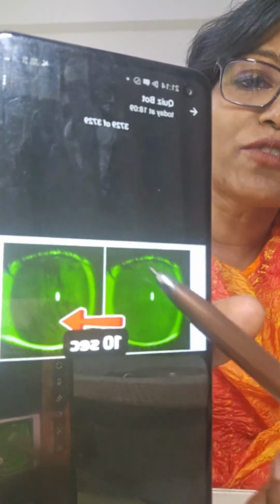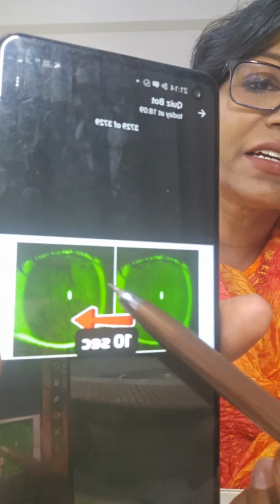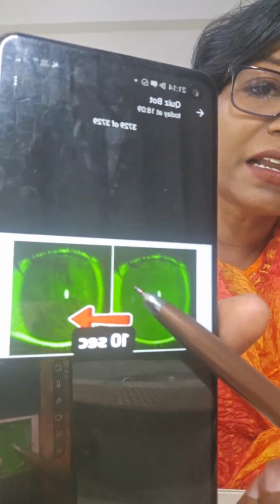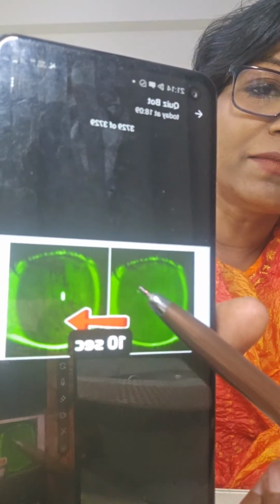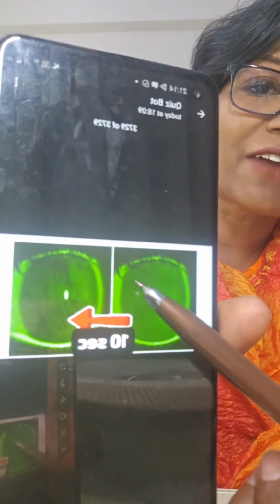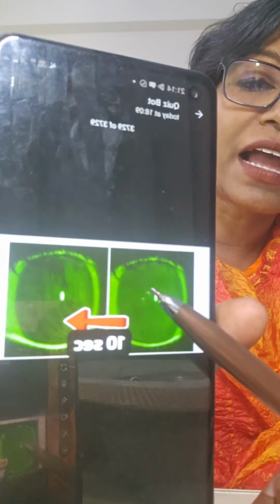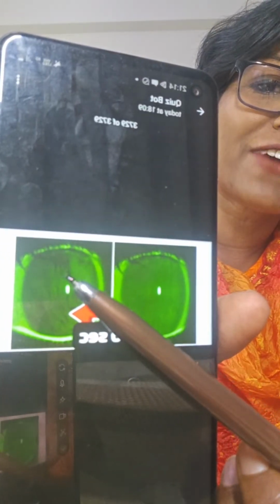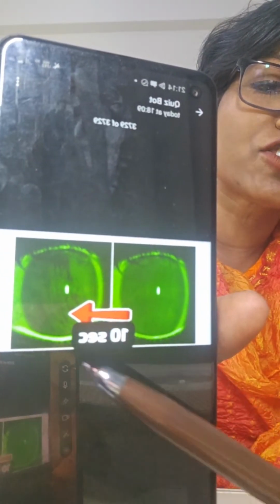It is one single layer, and then it breaks up. From the last blink, ask the patient to blink, then tell him, now don't blink for the next half a minute. Keep your timer on, count the seconds. The moment you get the first black spot, stop it. In this patient, probably 10 seconds, that's what I've given.